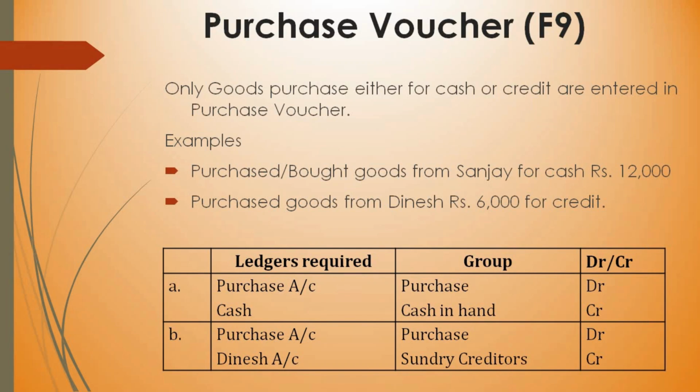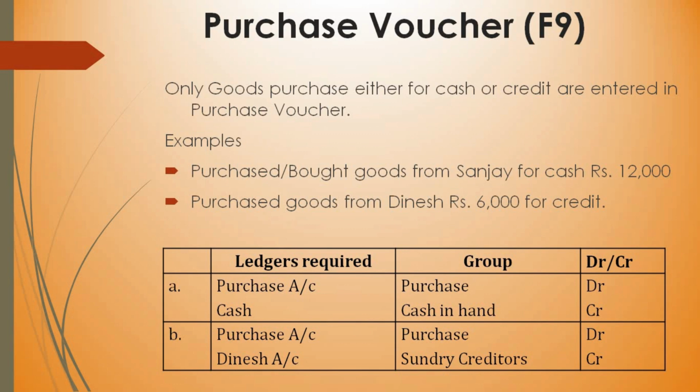Next we have the purchase voucher, and the shortcut key for the purchase voucher is F9. Purchase of goods, be it for cash or credit, is entered in this purchase voucher. Whenever you're purchasing goods, that will be entered in the purchase voucher. For example: purchase goods from Sanjay for cash, rupees 12,000.